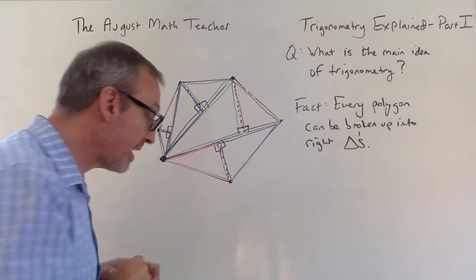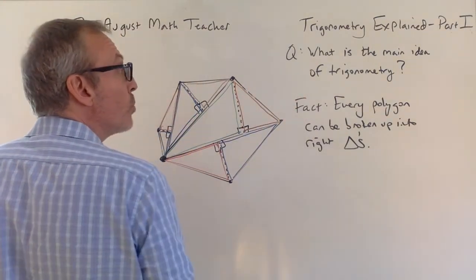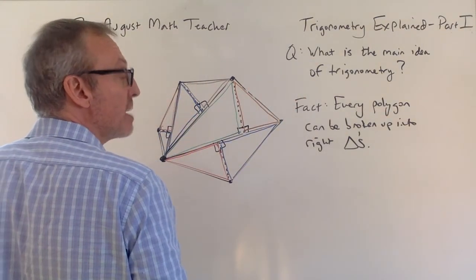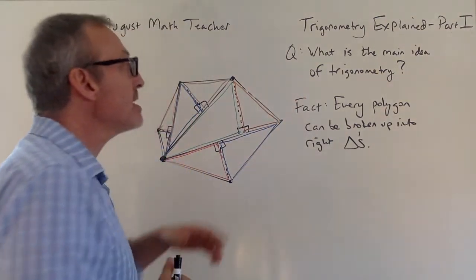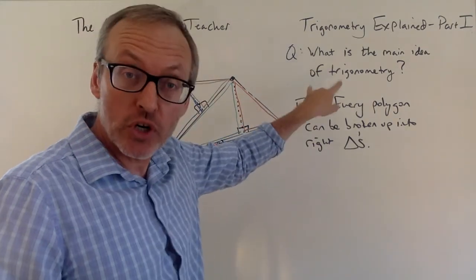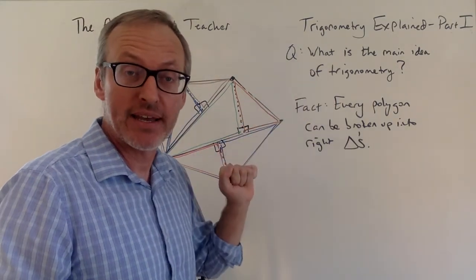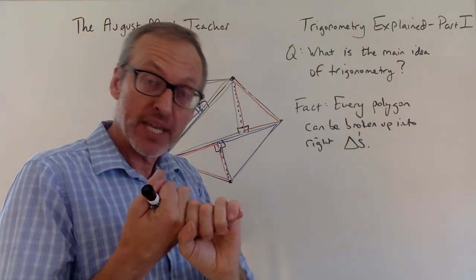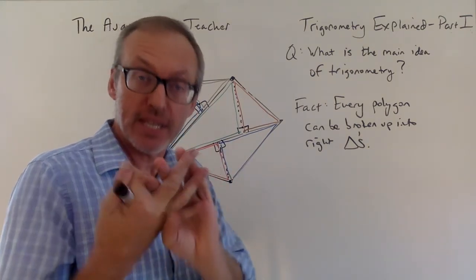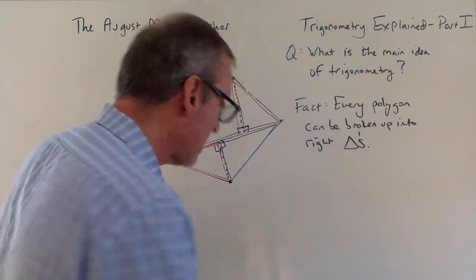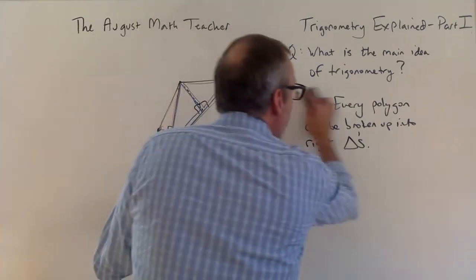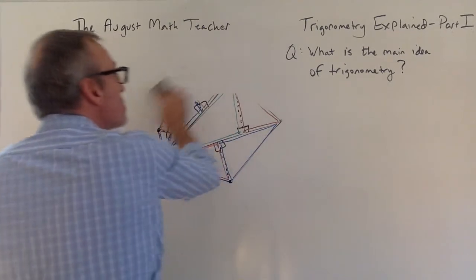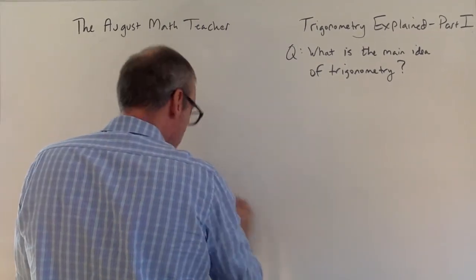So here is my answer to this question. What is the main idea of trigonometry? It is that we will learn everything that we can about the side lengths and the angle measures and other measurements in right triangles, because that will lead into a deeper understanding of all shapes.